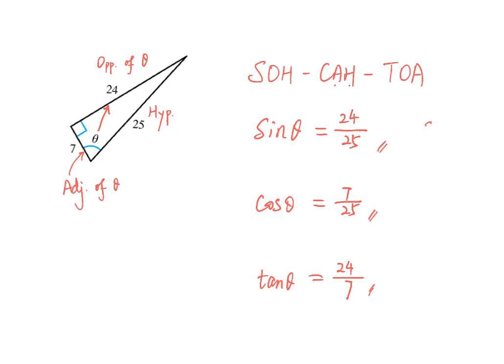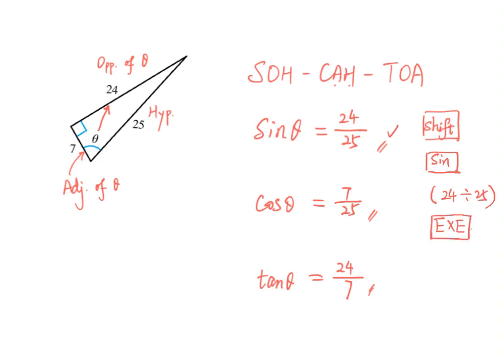If you want to find the angle, you need to key in the shift button, and if you use sine theta, then press the sine button, open bracket, 24 over 25, close bracket, and then execute. Then you will get the value of theta. When you write the value of theta, remember to write the degree unit. That's it. Thank you.